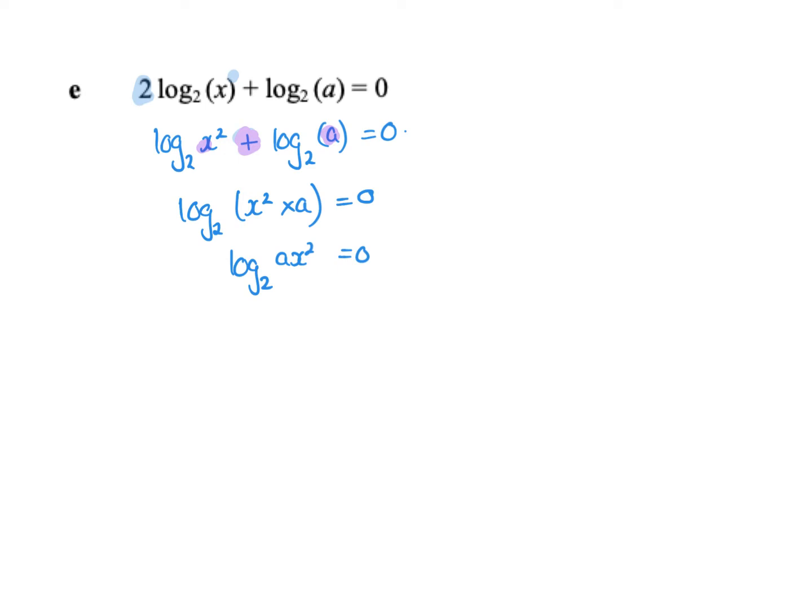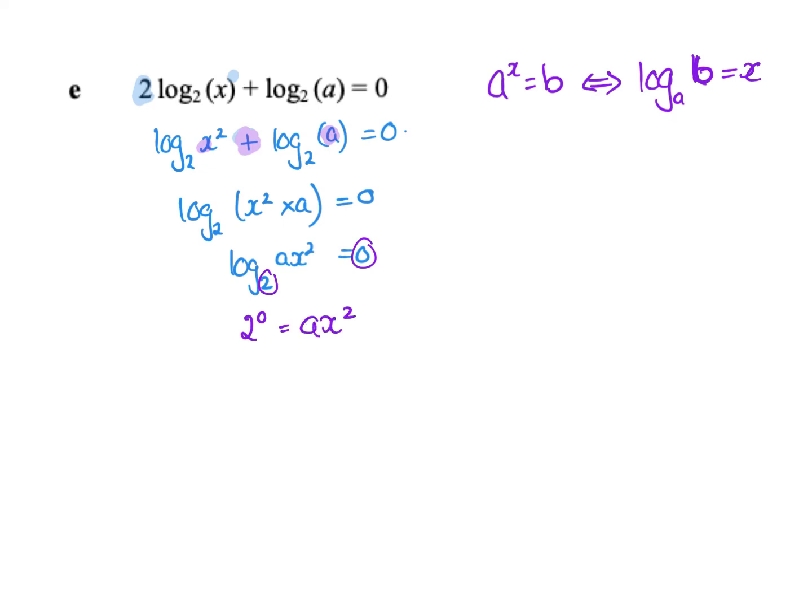And then again I'm using that rule where I said it can be written, we're using that rule. So I'm going to do that again. I'm going to say 2 to the power of 0 equals ax squared.